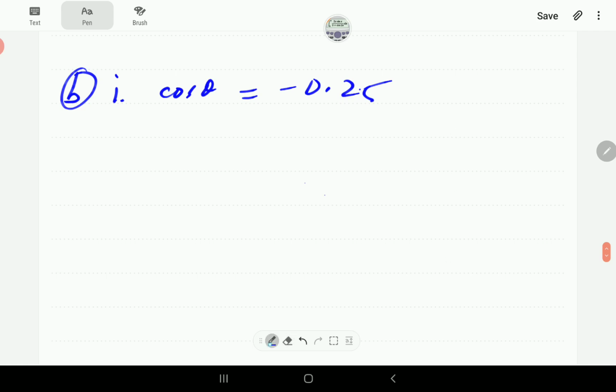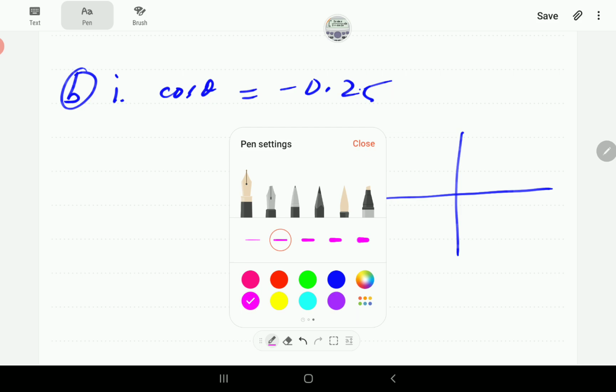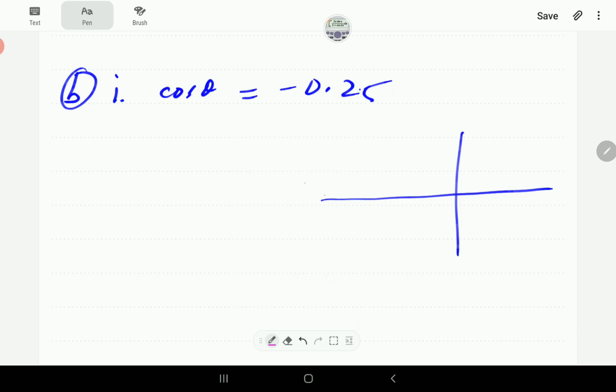Again, if you remember that diagram, cosine is going to be negative in quadrant number 2 and quadrant number 3. And again, these two reference angles are going to be equal.